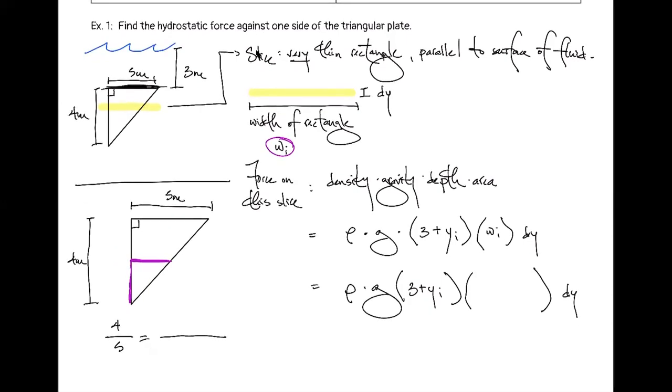So what I could equate 5 with is w sub I. Like 5 is the maximum width, but for any given slice, it's going to be the width of the slice.